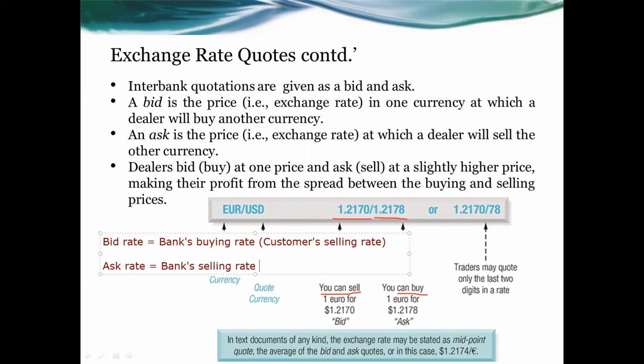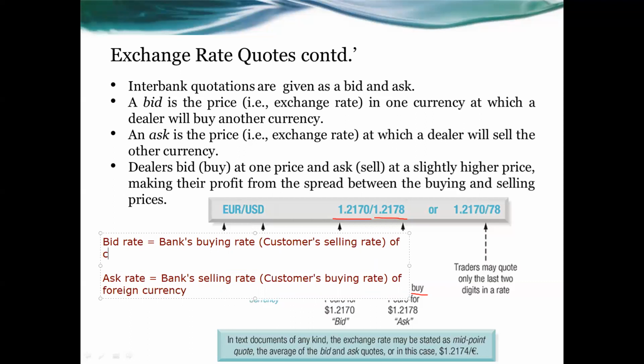On the other way around, it is the customer's buying rate of foreign currency, and the bank's buying rate is the customer's selling rate of foreign currency.